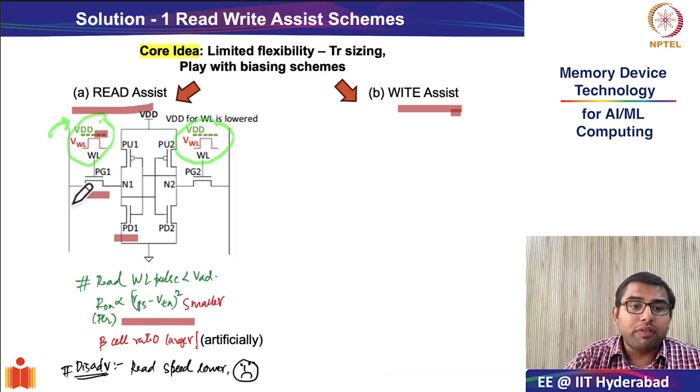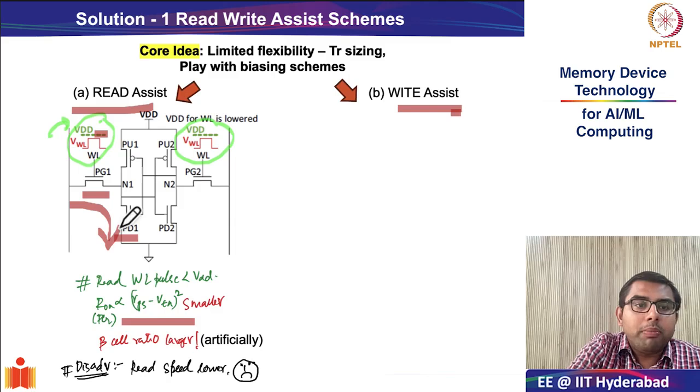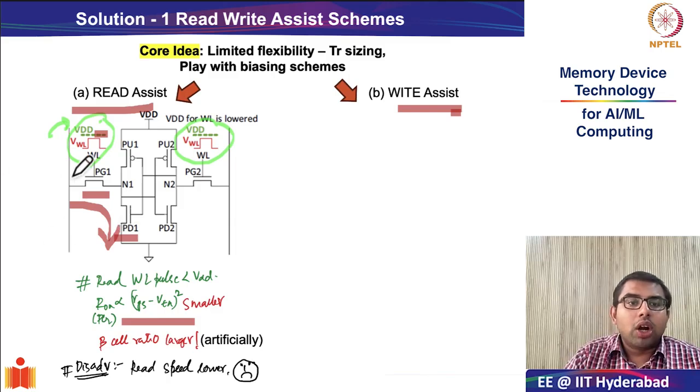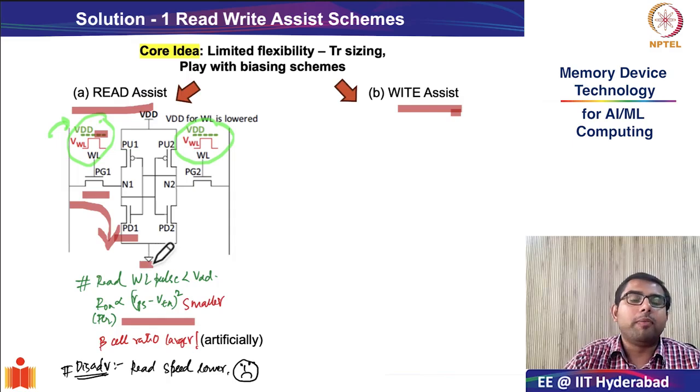Now, of course, this will have its own set of problems or disadvantages. The first immediate disadvantage that we can think of is, remember that during the non-destructive read, a read current flows from the bit line through the pass gate transistor and pull down transistor into the ground terminal.